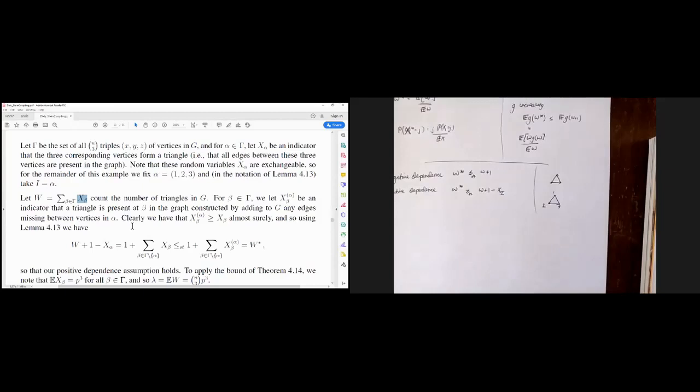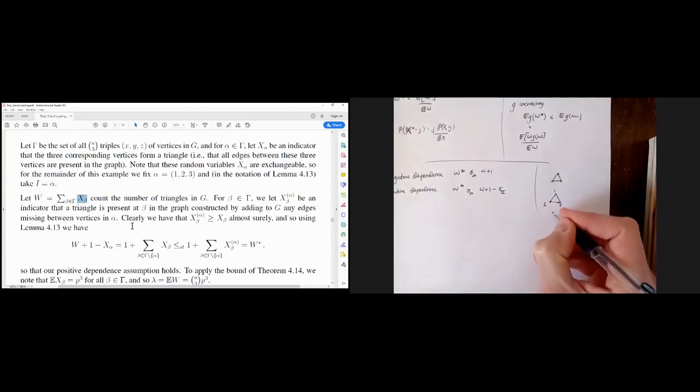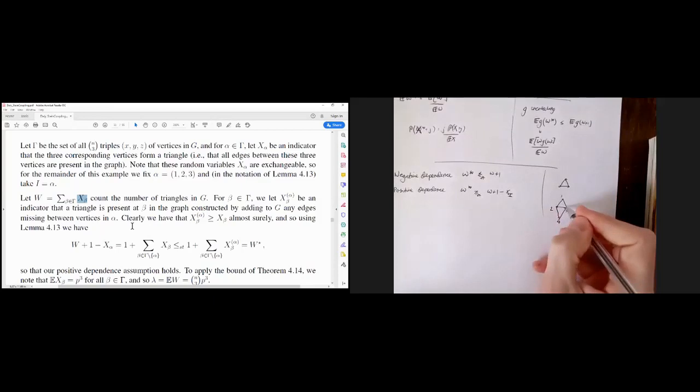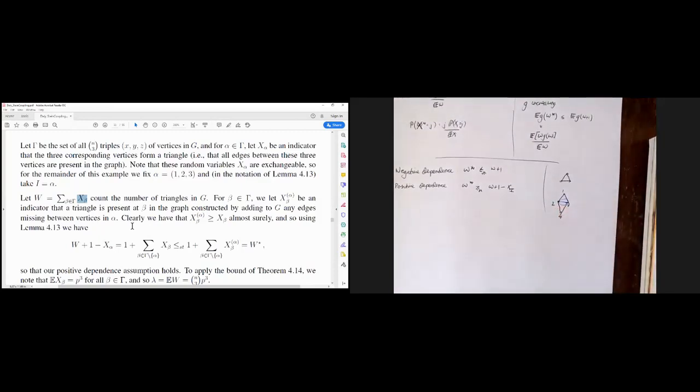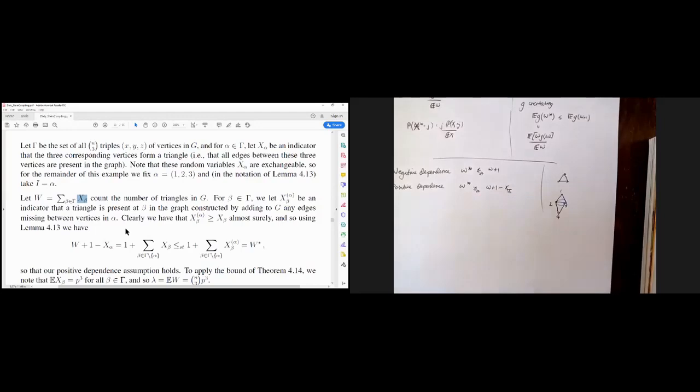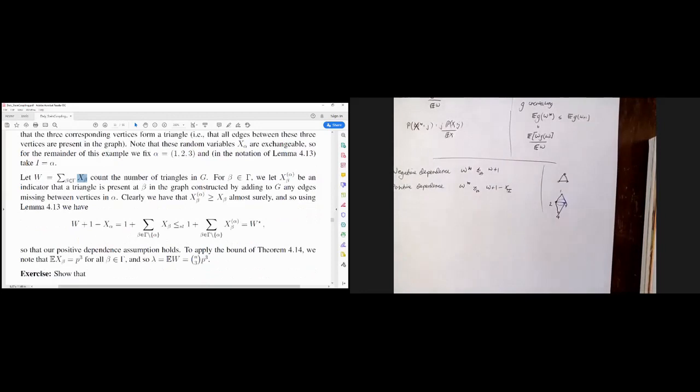Like if I already had, here's vertex 4, if that was already connected to 1 and 3, then by adding in that blue edge there, I've made another triangle. There's a triangle that wasn't there if I just had the black edges, but once I draw that blue edge as well, then I've got an extra triangle. So I can use that to check, in the same kind of way that I had before, that I now have the stochastic ordering I need for my positive dependence, which tells me that this positive dependence assumption holds.